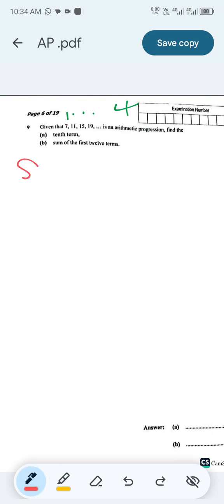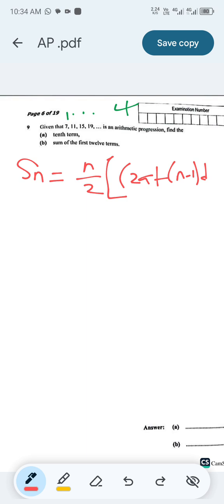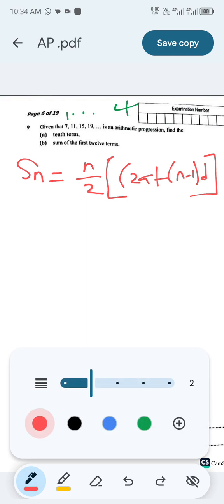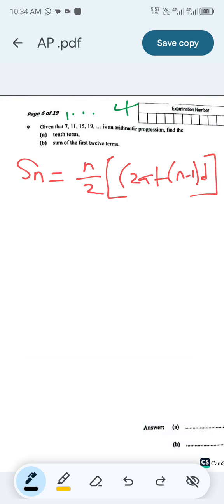So sum is equal to n over 2, open bracket, 2a plus n minus 1 times d, close bracket. So this is the formula that we use to calculate the sum.